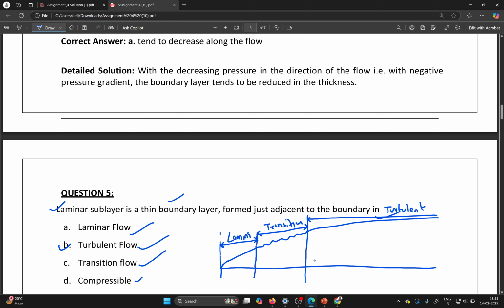In turbulent, the laminar sublayer thickness will generate like that. This is the laminar sublayer thickness.